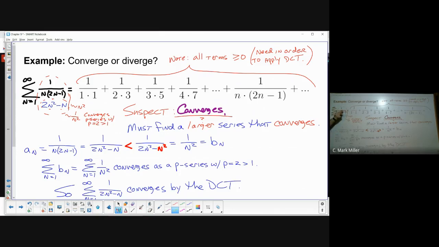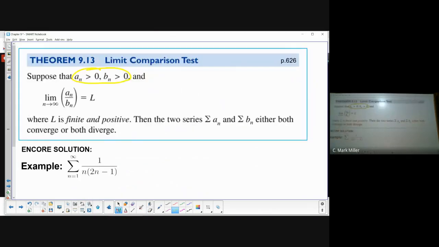Well, it turned out to be bigger, but we didn't know that coming in. So you still start your solution the same, coming up with a suspicion. But with that suspicion, now we're going to find something of the same order of magnitude and put one series over the other.